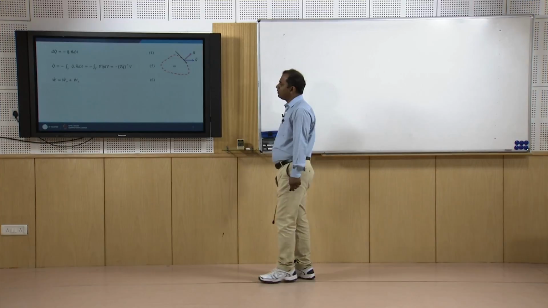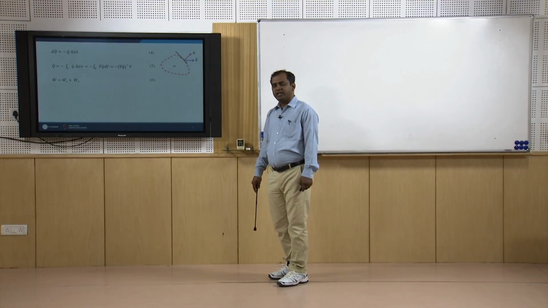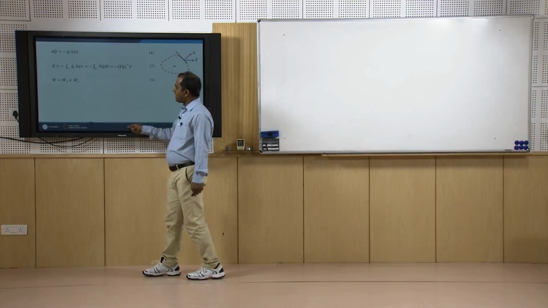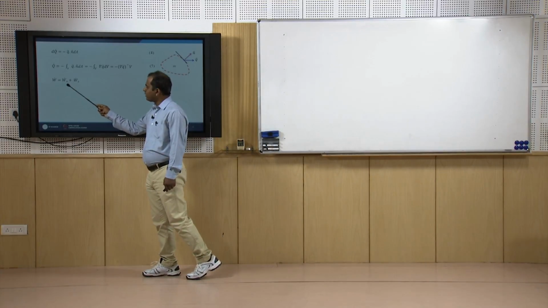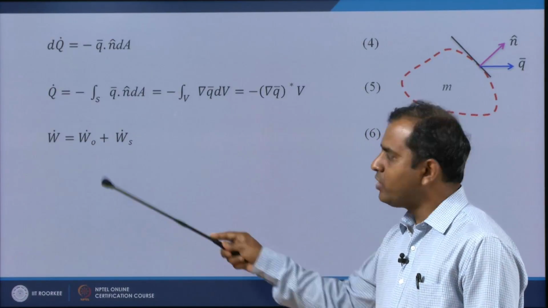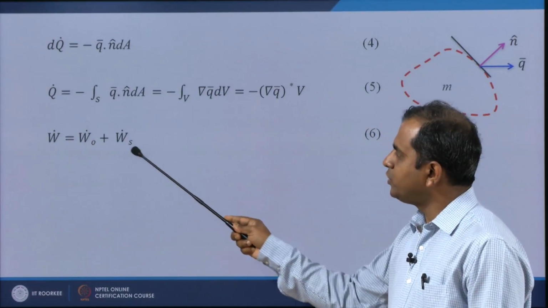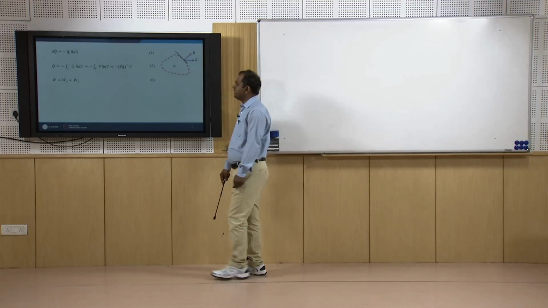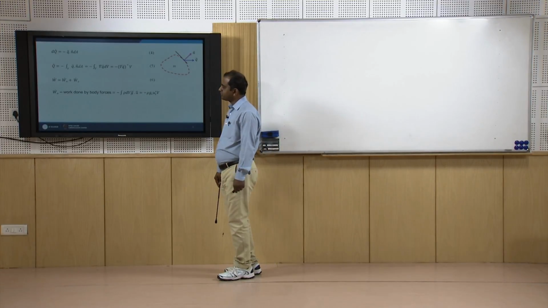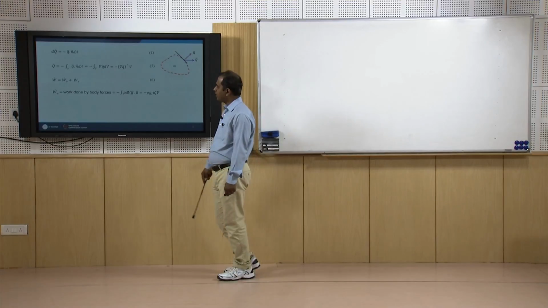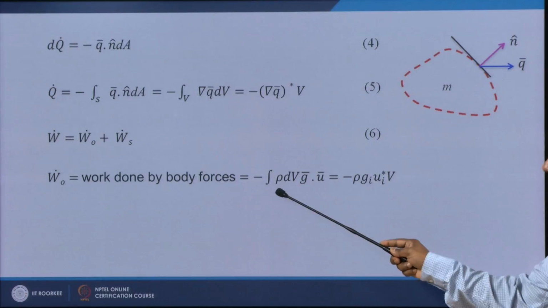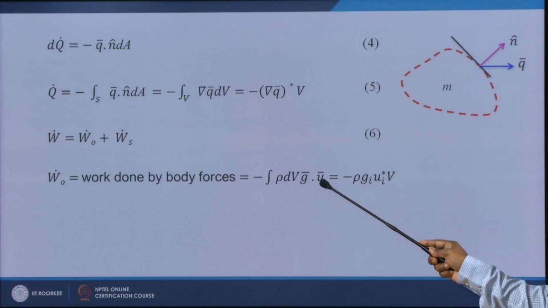Next, let us see the work transfer, which is another form of energy in transit. We can have the work transfer as two parts. The first is work transfer due to body forces, W dot O, and the second is work transfer due to surface forces, W dot S. Let us see first how the body forces can be evaluated. The work done by body forces, W dot O, can be written as the integration of rho dV g dot u bar.